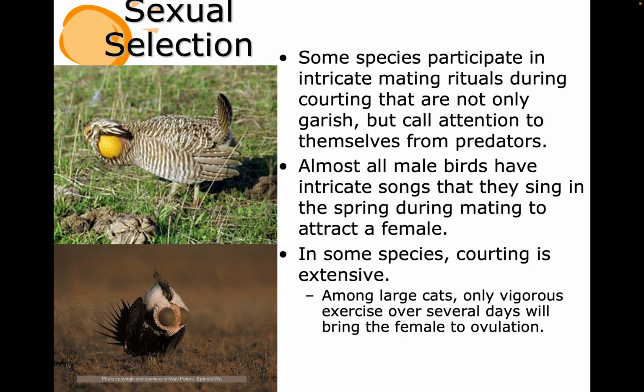What will normally happen with the large cats, especially the cheetahs, is that two brothers will chase her. One will chase her, and as soon as he gets tired, the other will chase her. They can't let her stop. They can't let her slow down, because if she slows down, she won't ovulate.